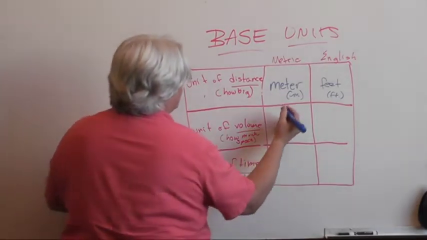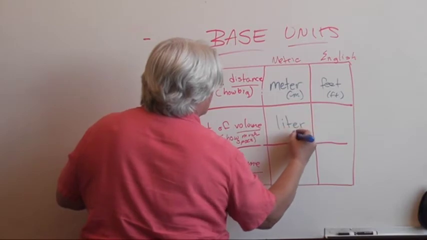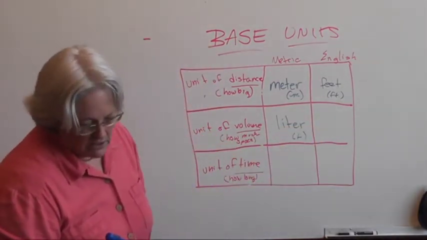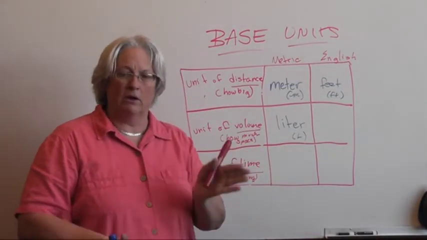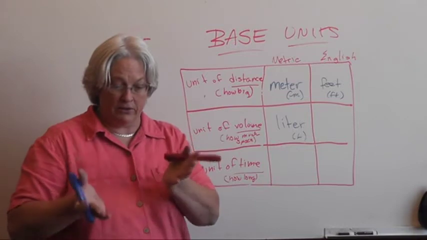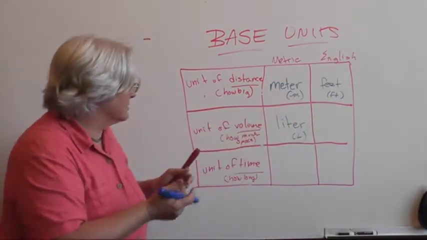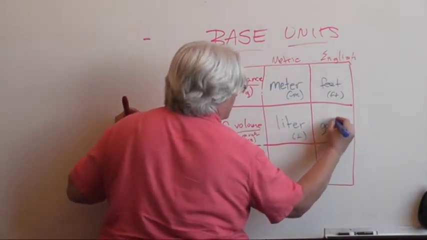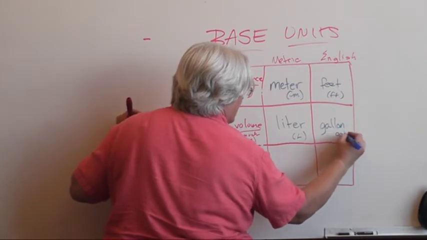So the base unit of volume is the liter, which is abbreviated with a capital L. Now, a liter and a quart are about the same size, but quart is not the base unit in English. Gallon is the base unit, and that's abbreviated small GAL, period.